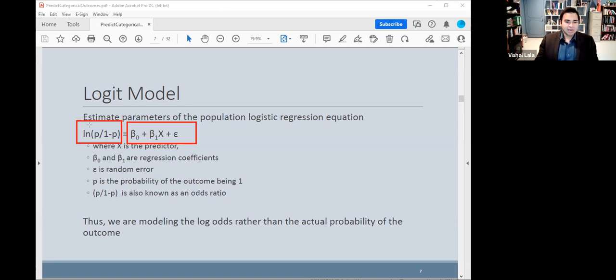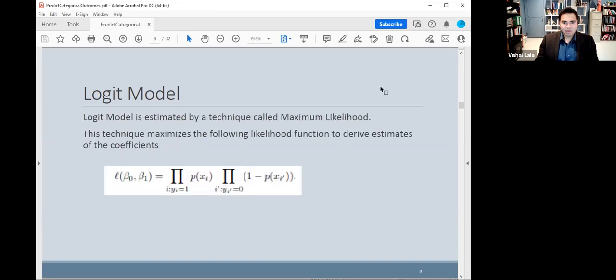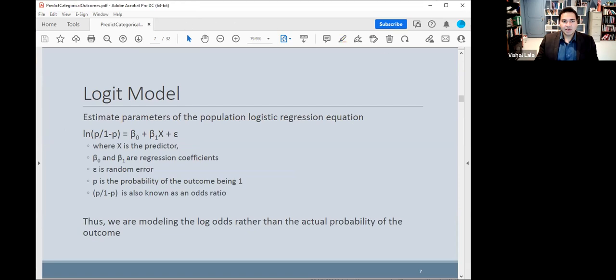To break this down a little bit, you can think about the left side as being an odds ratio. More specifically, p is the probability of an event occurring. The event could involve somebody buying a product, clicking on an ad, responding to an email marketing offer, and so on.